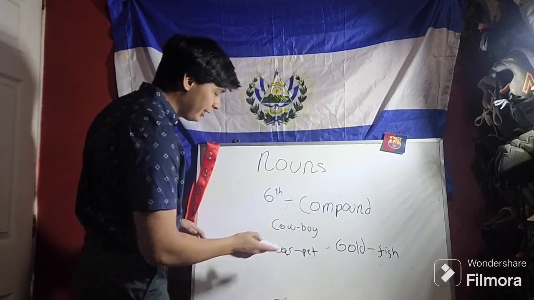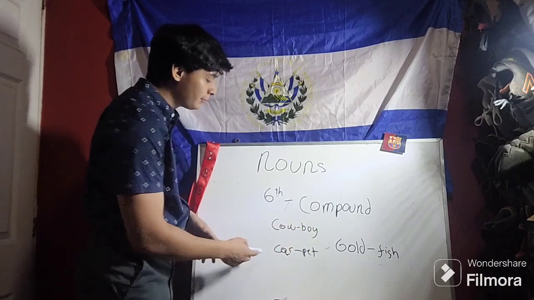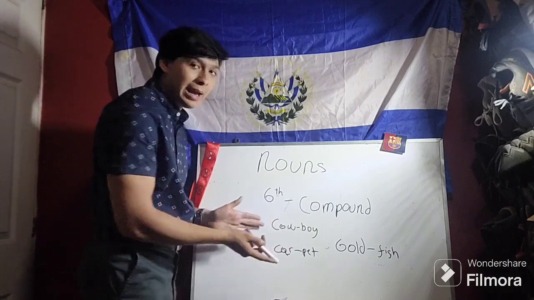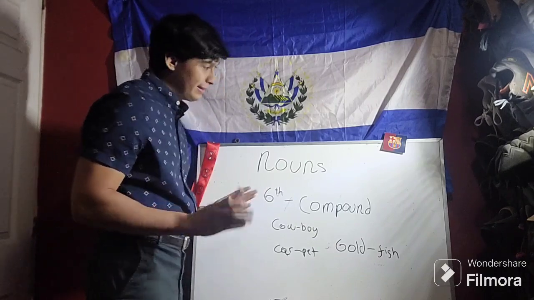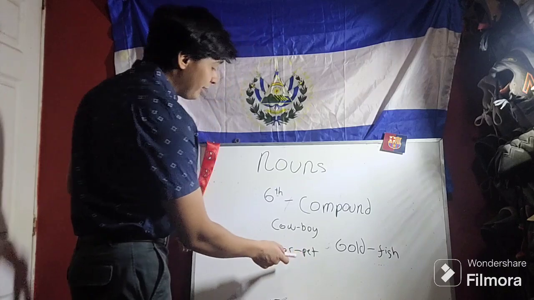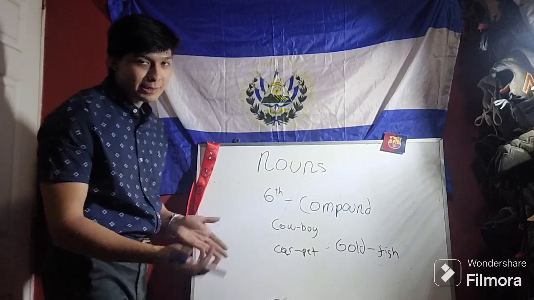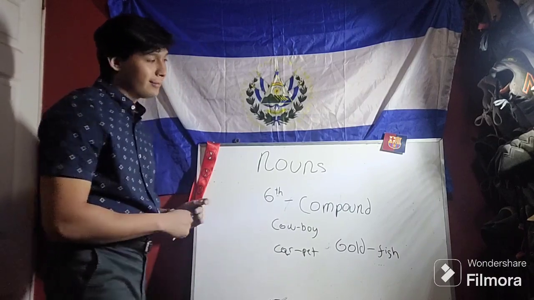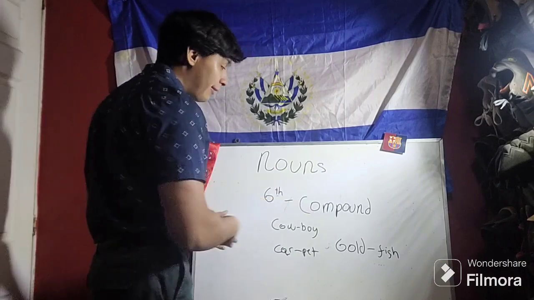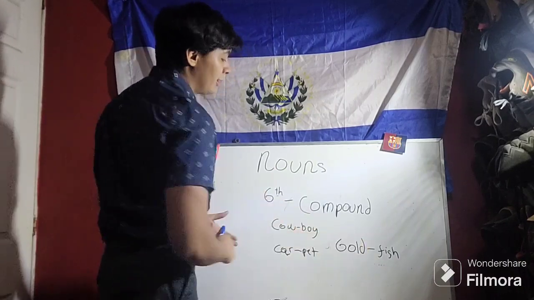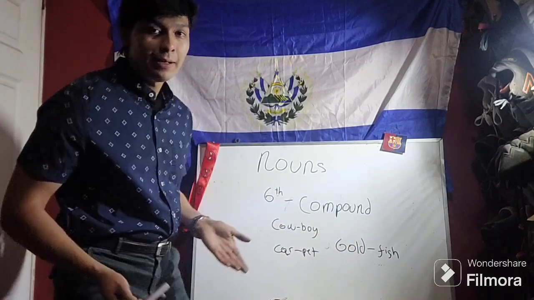Cowboy means cow, vaca, boy, niño. If you put it together, it means vaquero. Another word is carpet, which is car, carro, pet, mascota, but the word doesn't mean the same. And the last one is goldfish, which is gold, oro, and fish, pescado or pez.